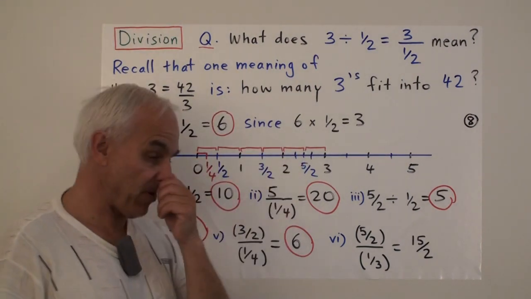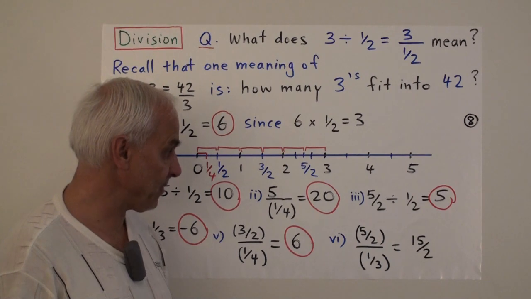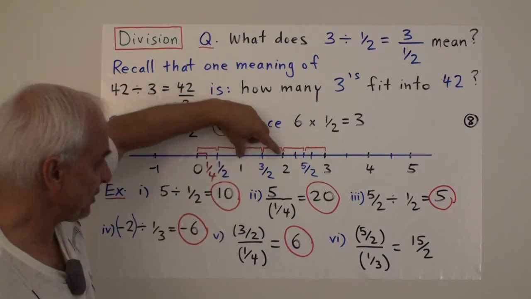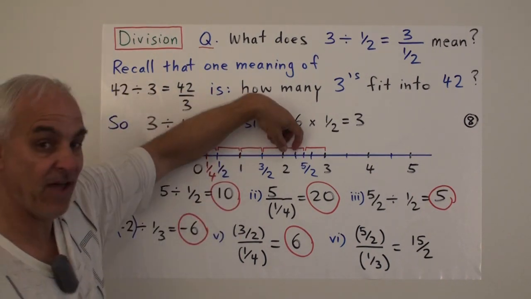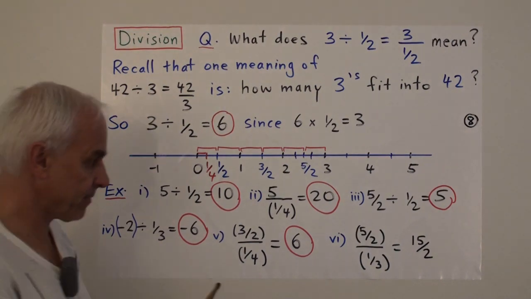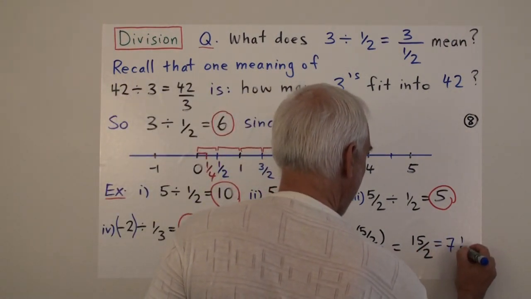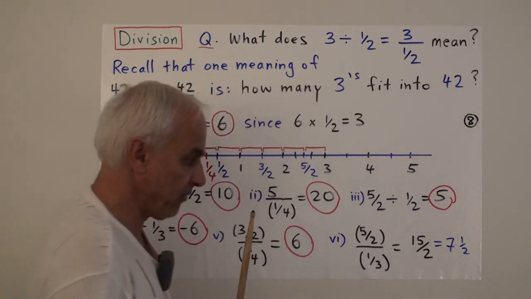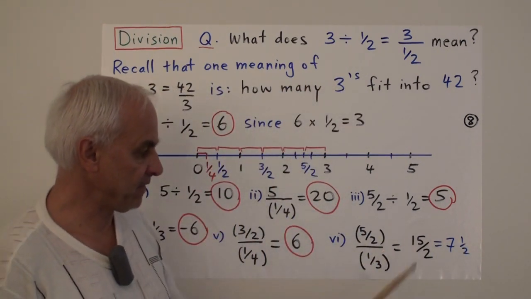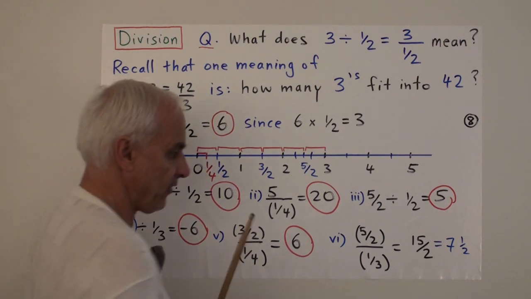It's not a whole number of thirds that fit into 5 halves. It's 3 plus 3 plus 1 plus a half, so 7 1/2. And we can rewrite 7 1/2 as 15 over 2. Either of those answers is right.